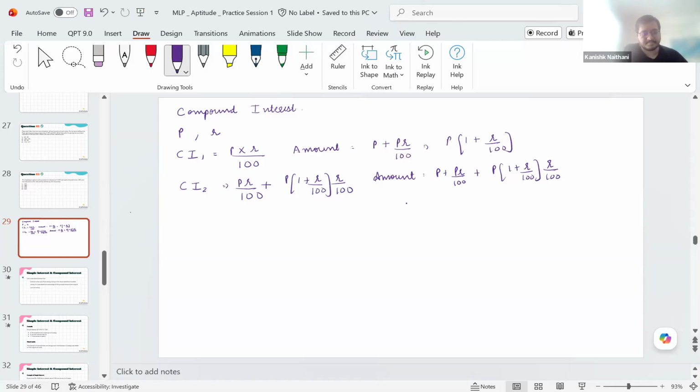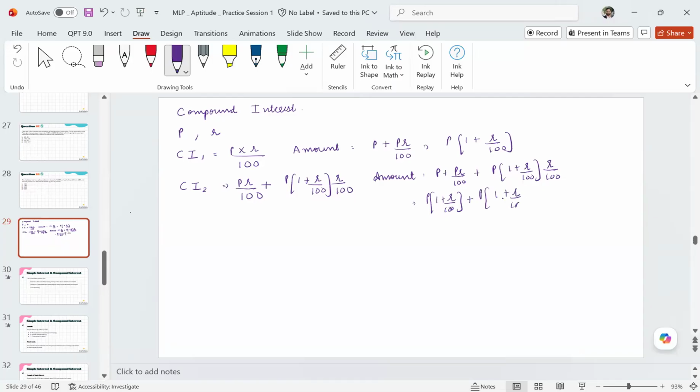Yes, now I can just solve this. P common: P times 1 plus R upon 100, plus P times 1 plus R upon 100 multiplied by R upon 100. I am taking P times 1 plus R upon 100 common. I get 1 plus R upon 100 separate. So this becomes P times 1 plus R upon 100 whole square, right? Clear? Yes.